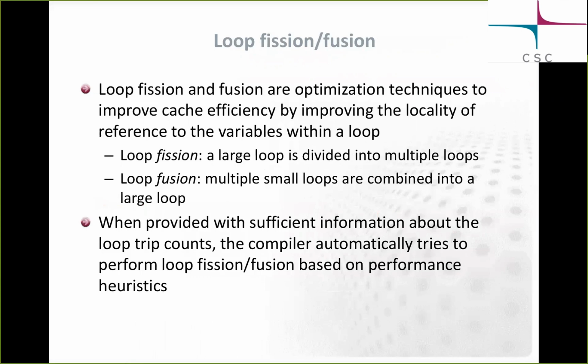You can assist the compiler in doing this kind of trick with certain pragmas, by providing insight on the loop trip counts, so how big these loops typically are, and so on. Again, something you may want to look at further by googling for loop fission techniques or loop fusion techniques.